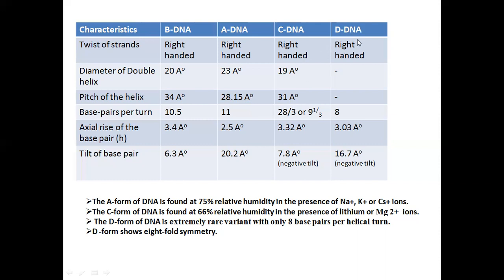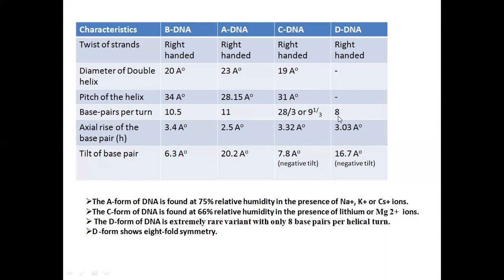This D type of DNA is an extremely rare variant, so most of the information is not available. Base pairs per turn: for BDNA it is 10.5 base pairs per turn, ADNA 11 base pairs per turn, and for CDNA it is 28 by 3 base pairs per turn.